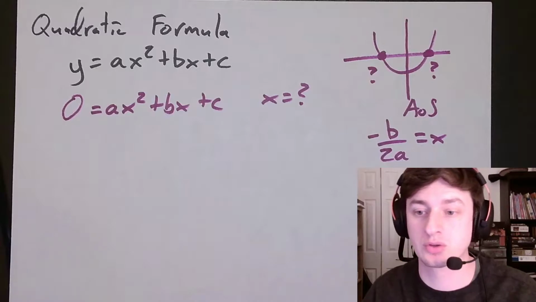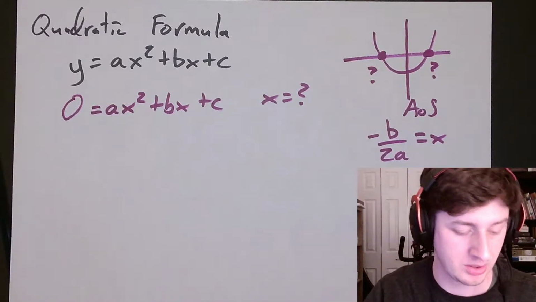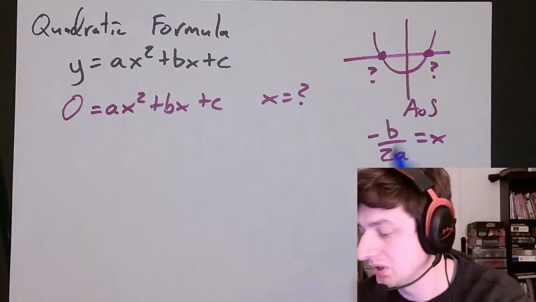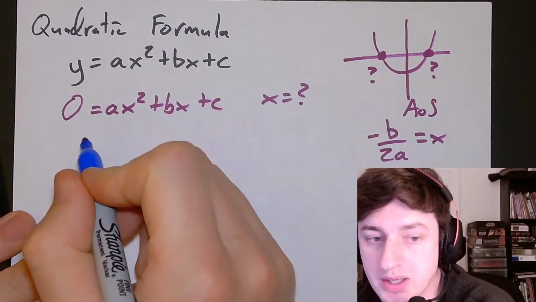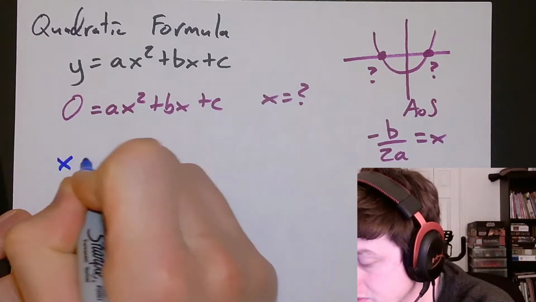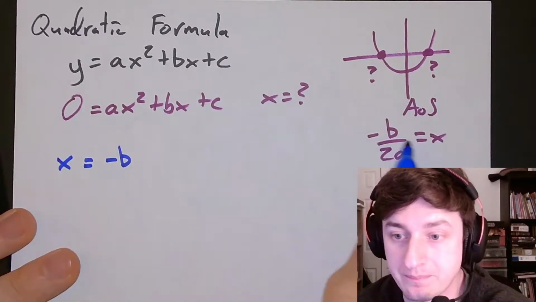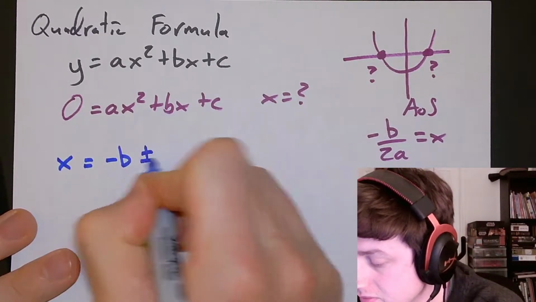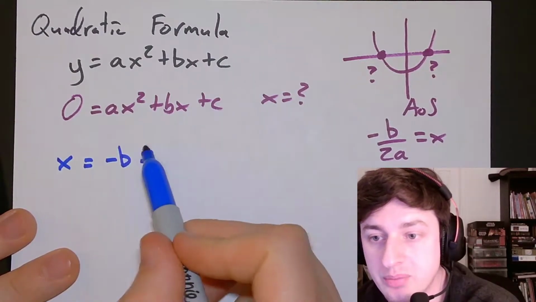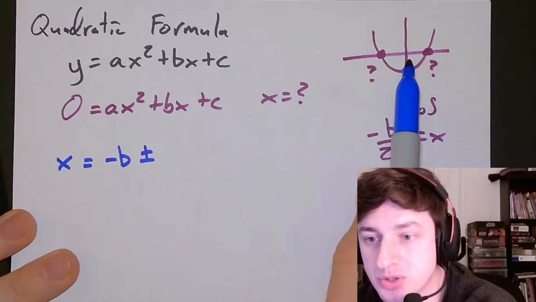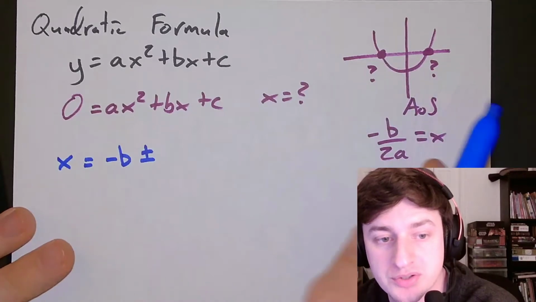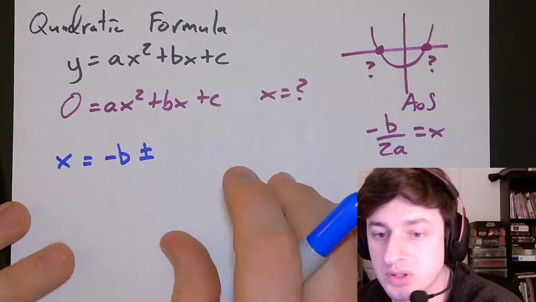So here is the quadratic formula. And I want you to keep this negative b over 2a in mind. So x equals negative b. We just saw that. Plus or minus. So we're going to add a bit to go to the right, and we're going to subtract a bit to go to the left. We talked about plus or minus last week.